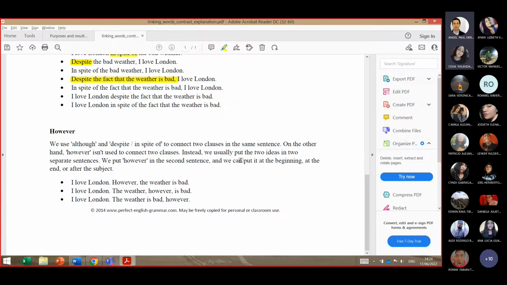¿Sí? Ahora, finalmente tenemos however. ¿Sí? Yeah, ese es un común, ¿no? However. We use although and despite, in spite of, to connect two clauses in the same sentence. ¿Sí? Lo que dice aquí es que utilizamos los que acabamos de ver, ¿no? Although, despite, in spite of, para conectar dos cláusulas en la misma oración. ¿Sí?